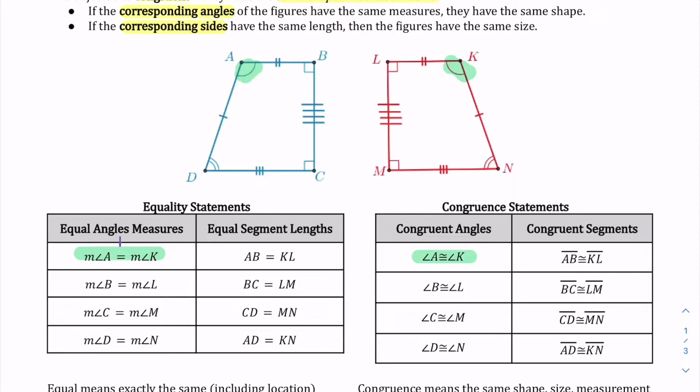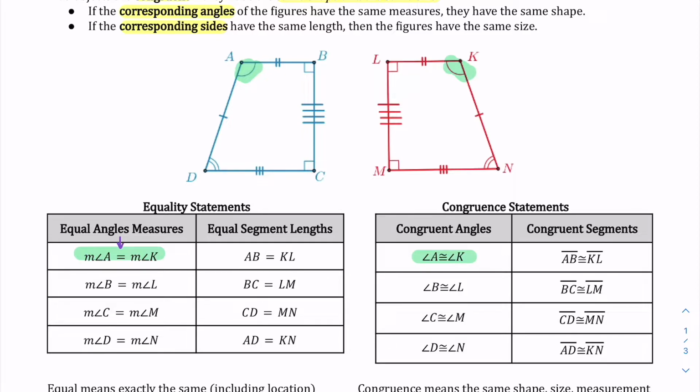Here we have an equal sign, and we can't just say angle A is equal to angle K because they're not the same angle. In order for them to be equal, they would have to be the exact same angle, same location and everything. So when we use the equal sign, we have to put that M in front of it.